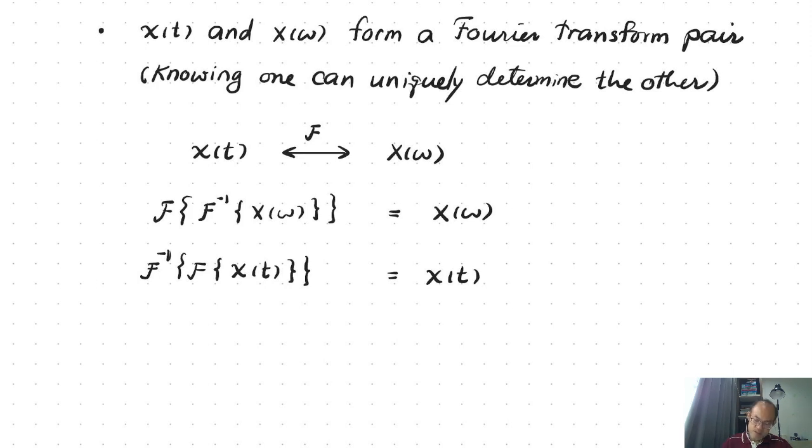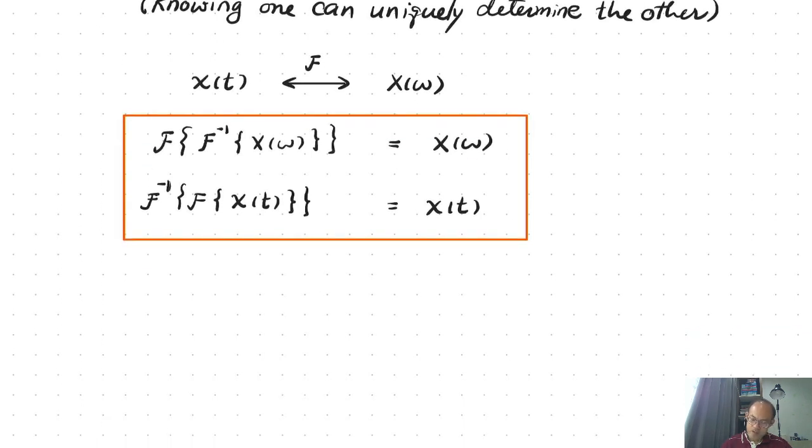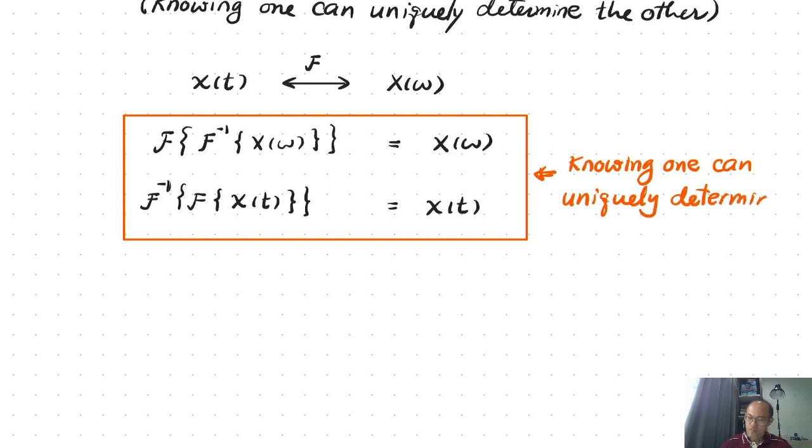So this is what it means to uniquely determine the other. This is very important to understand. This means knowing one can uniquely determine the other.